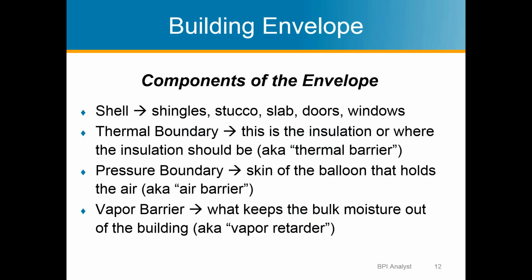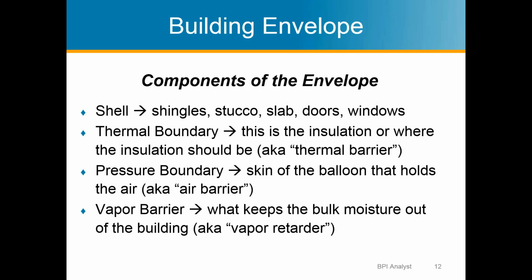The components of the envelope, the shell, are comprised of the roof shingles, the stucco, slab, doors, and windows. So all that is the shell. The thermal boundary, when we use that, we talk about where the insulation is. The thermal boundary is where the insulation is, or if there's no insulation there, where the insulation should be.